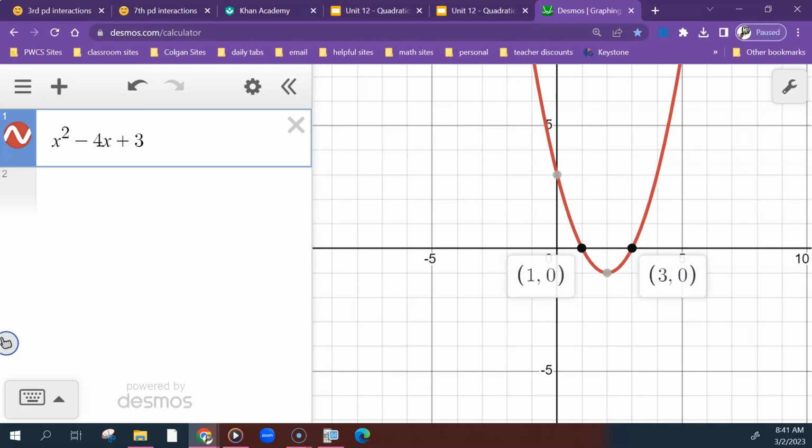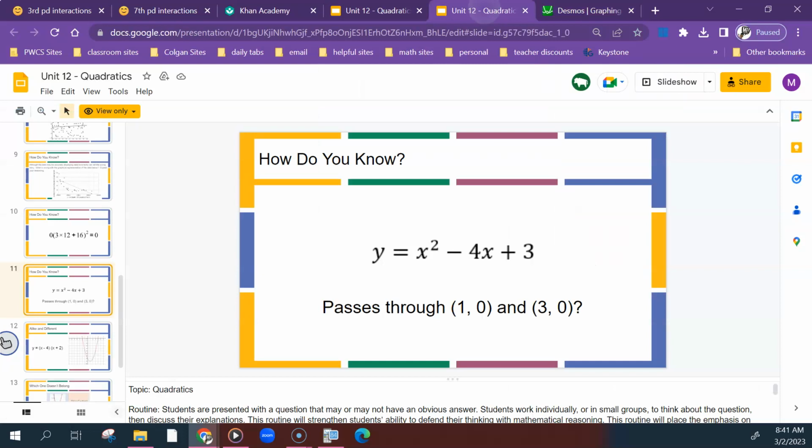Okay. Anyone else find how we would know that it goes through those 2 points a different way? Okay, I will say that graphing was the easiest. There were others. From what we were talking about last class, we could have found the axis of symmetry.